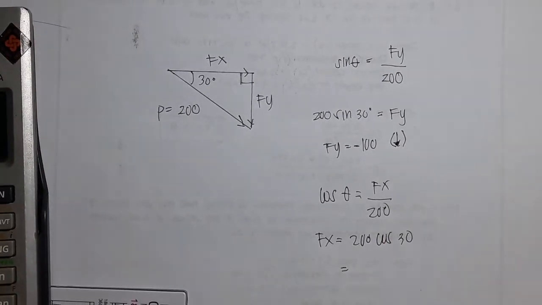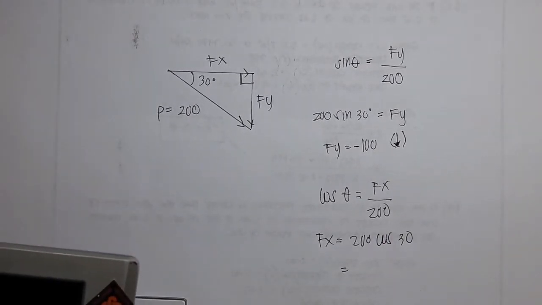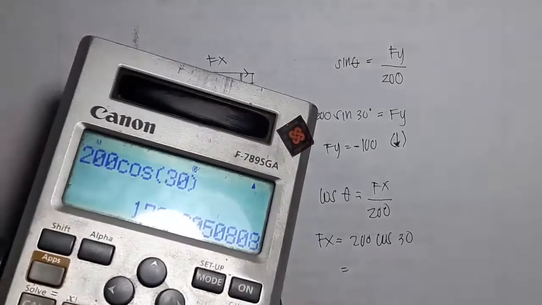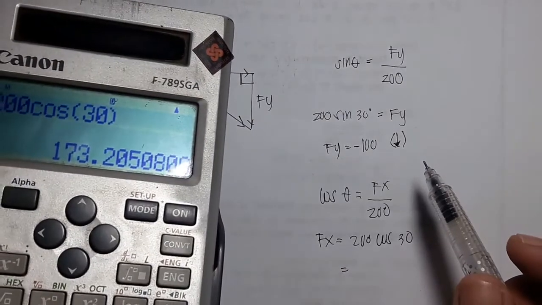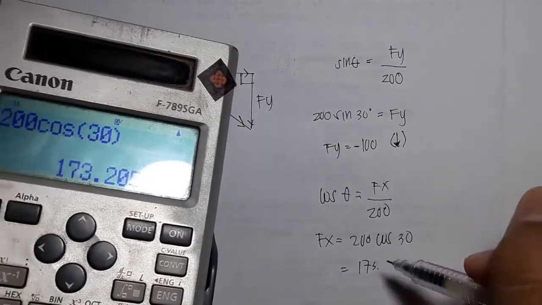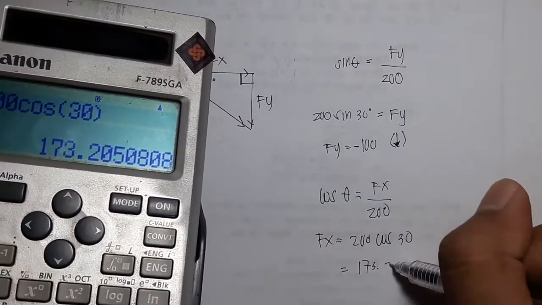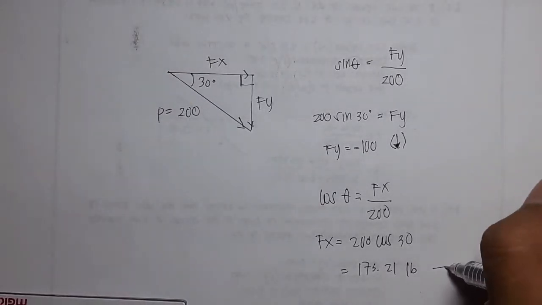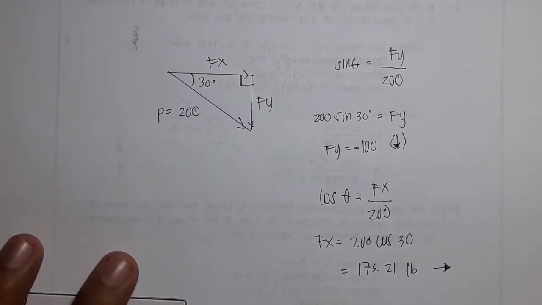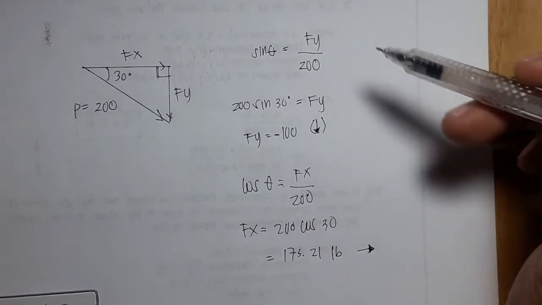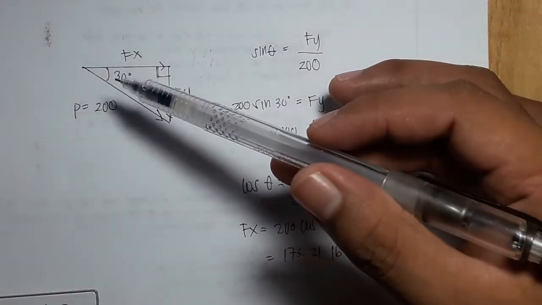So the answer is 173.21 pounds going to the right. So that is how you solve for the components of a force using the angle given.